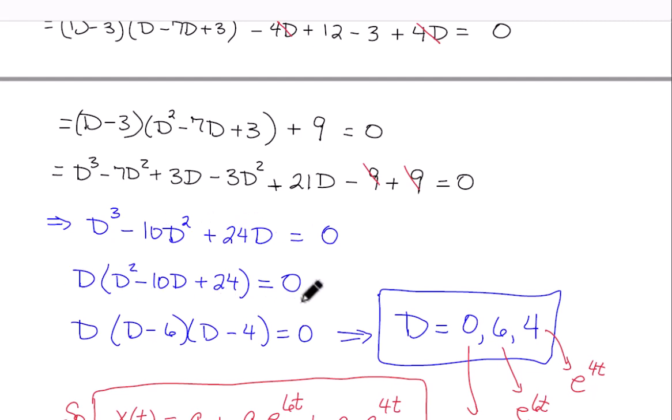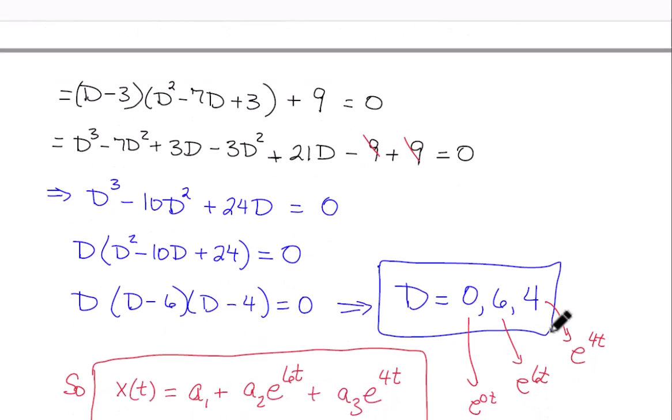It is factorable. Takes a little time, but fairly easy. And I get answers of 0, 6, and 4. All right, so those are my roots. So e to the 0 is just a constant. I'm going to get an e to the 6t and an e to the 4t.